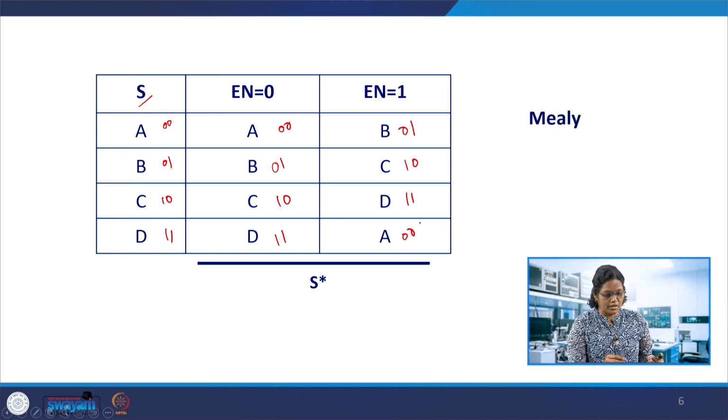You can choose any alphabets, maybe PQRS or any others; it is just a representation of these states. This is the next state, given in this first and second column. So, this is the present state S, and S star is the next state.